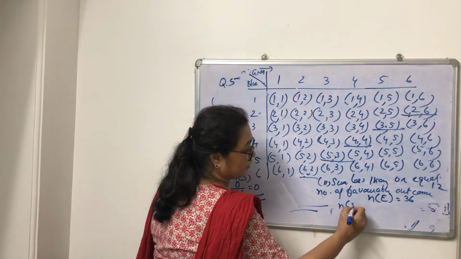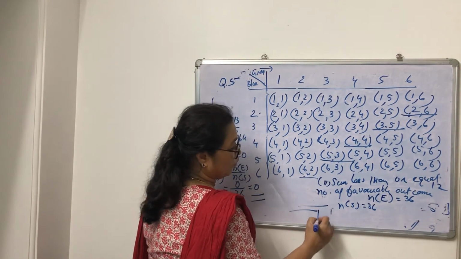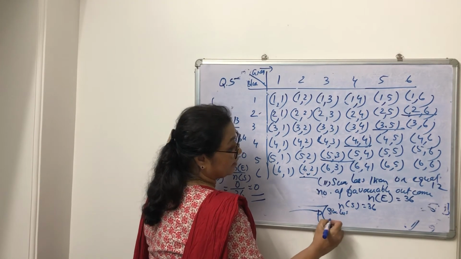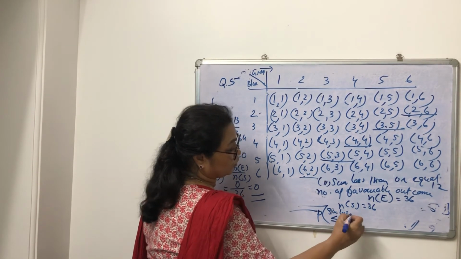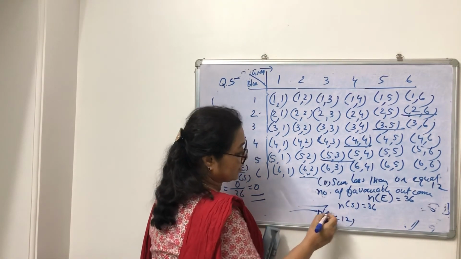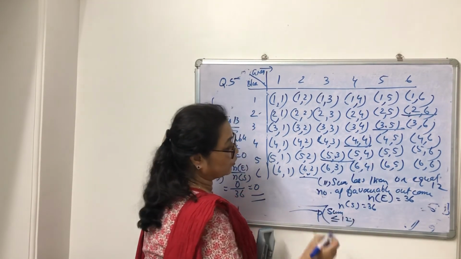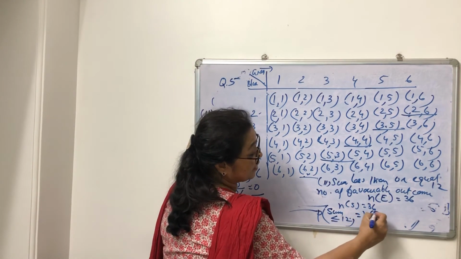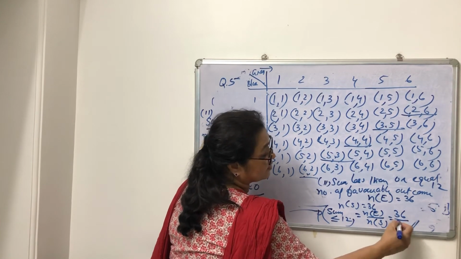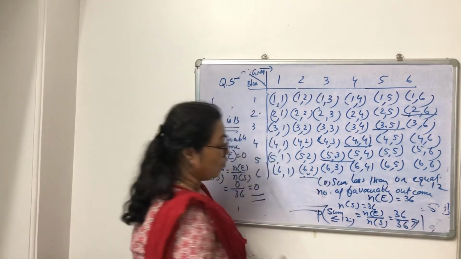NS is also 36. Therefore, P(sum is less than or equal to 12) is NE by NS. NE is 36, NS is also 36, equal to 1.